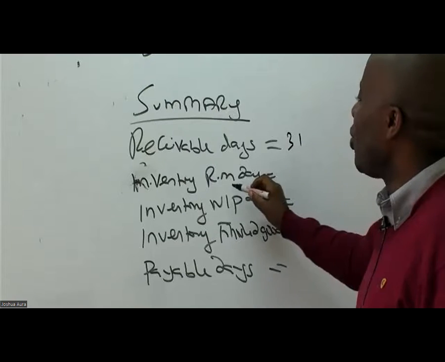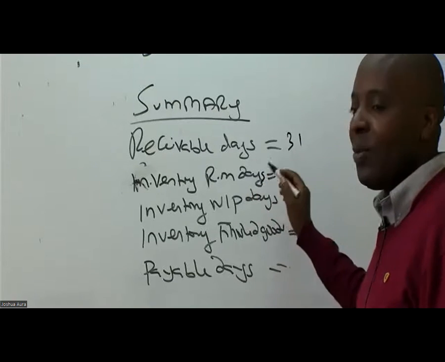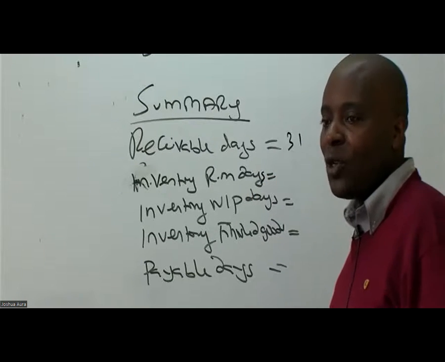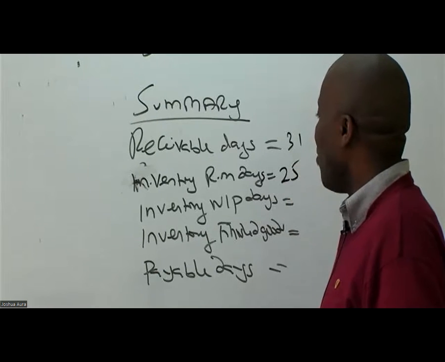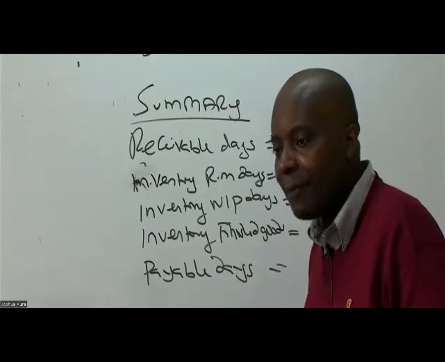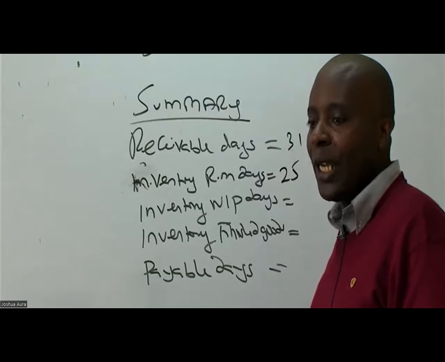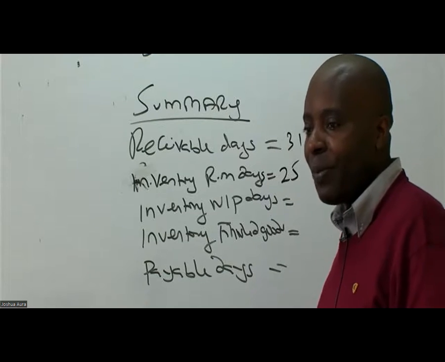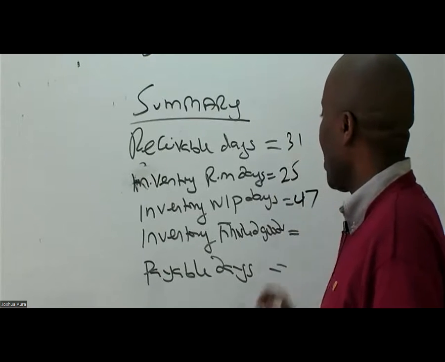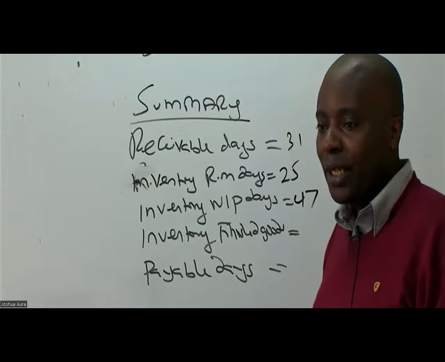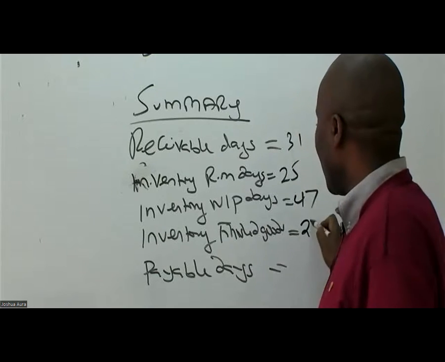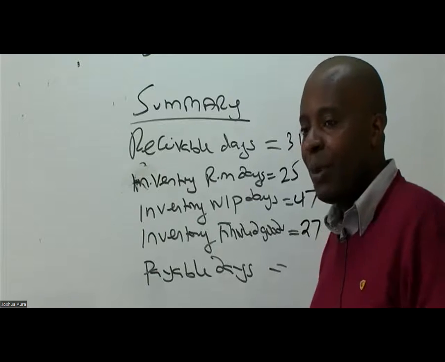How about inventory raw material days? Inventory raw material days, 25. Thank you very much, Lenny. How about inventory work in progress days? 47. Inventory finished goods days. 27.